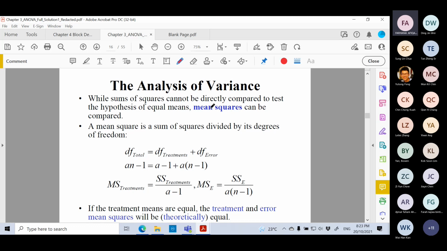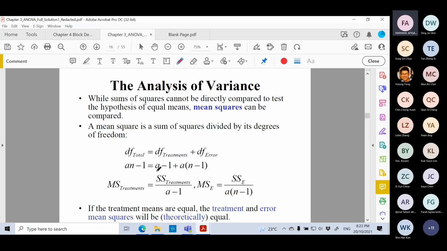Just now we had a sum of squares, now you get the mean. So how to compute the mean square? You need to know the degrees of freedom. A mean square is a sum of squares divided by its degrees of freedom. The degrees of freedom for the total sum of squares is equal to an minus 1, which is always fixed. The degrees of freedom for treatment depends on how many levels you have.